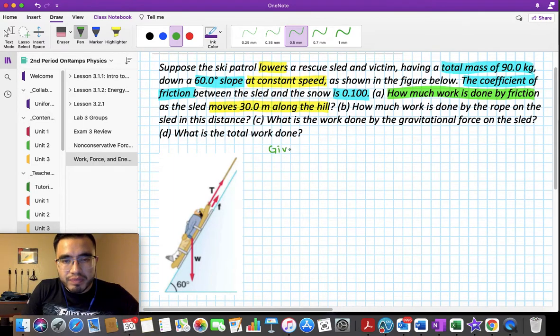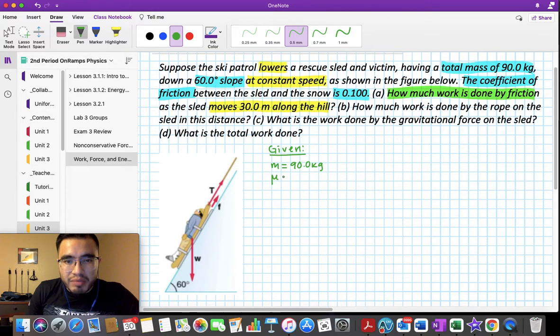Given. We have a mass of 90 kilograms. And then we are told that we have a 60-degree slope. Okay, so normally we would label this as theta, but we're not going to do that yet. You'll see why, okay?